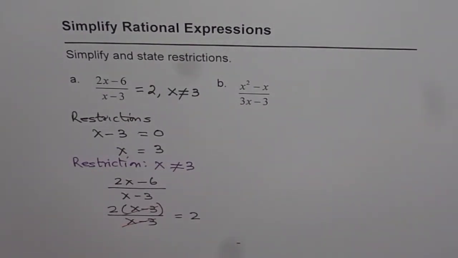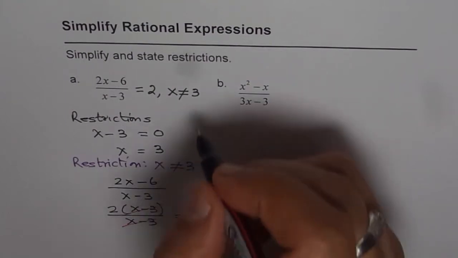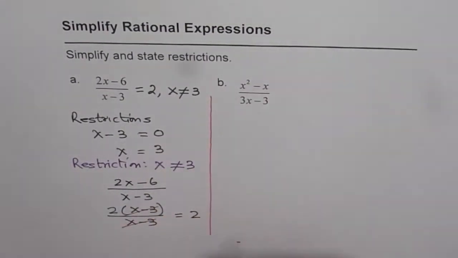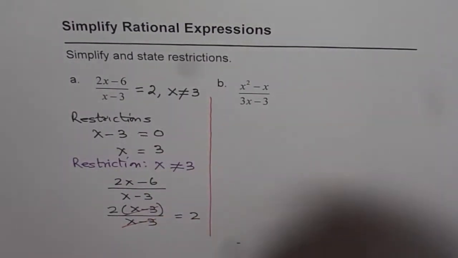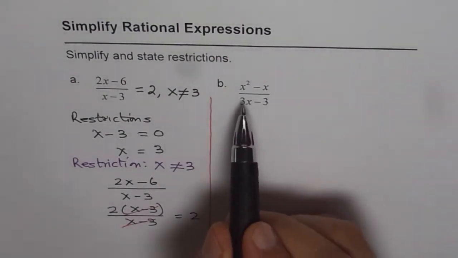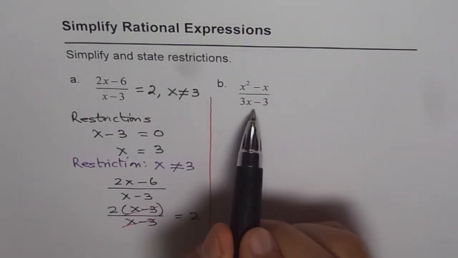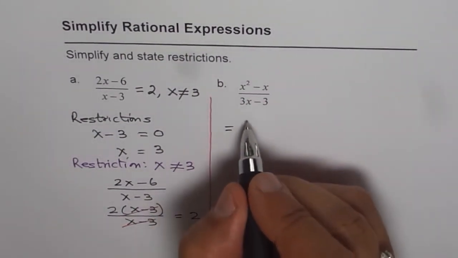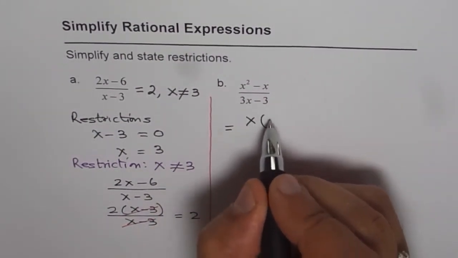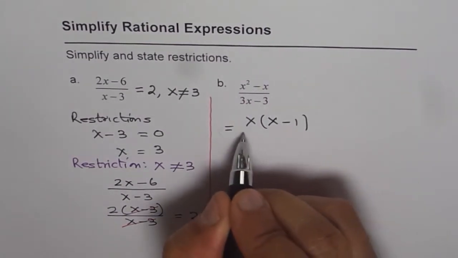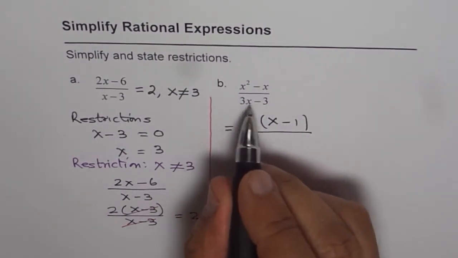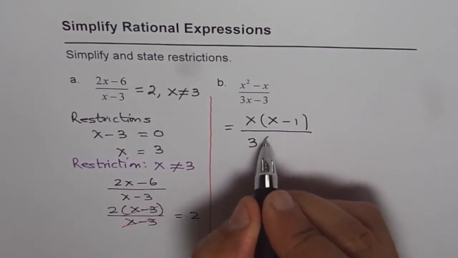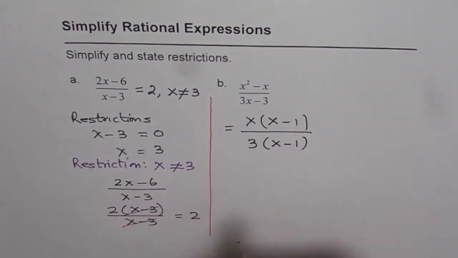Now in part B, what we are going to do is first simplification and then restriction, right? So we have the expression x squared minus x divided by 3x minus 3. Now we can factor x from the numerator, so the numerator becomes x times x minus 1, and we can factor 3 from the denominator, so it becomes 3 times x minus 1.